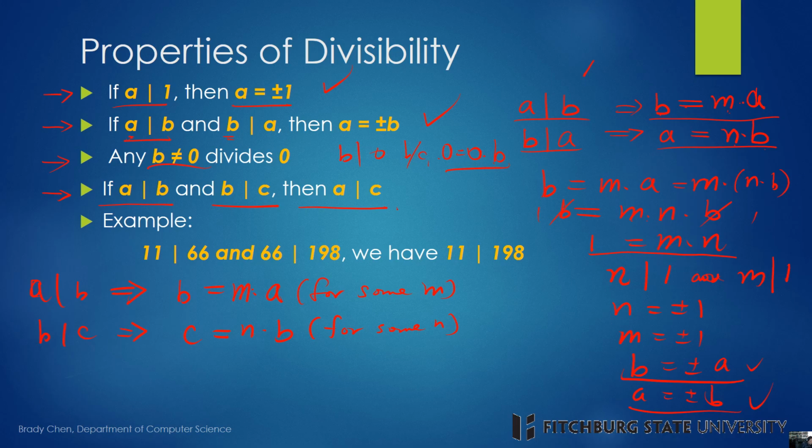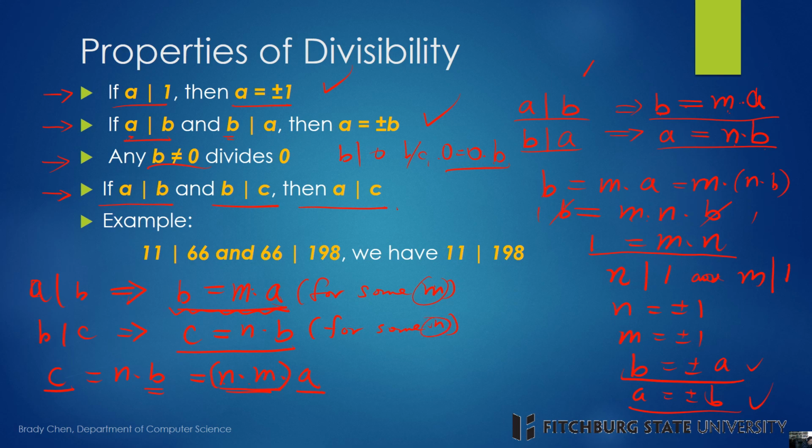And then we can combine these two items. So C equals n times B, and then I replace B using this statement, right? So I can say n times m times A. Now I can write C as a multiplication of A times a number. This number is n times m.